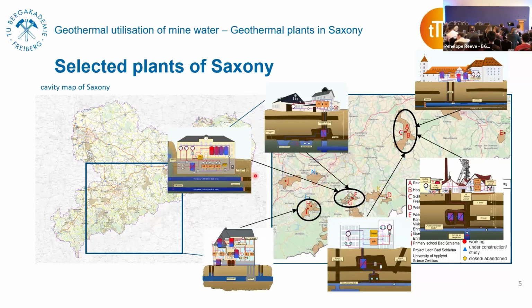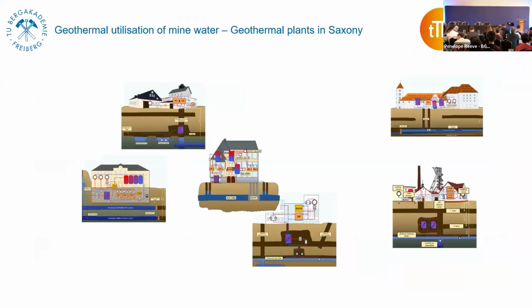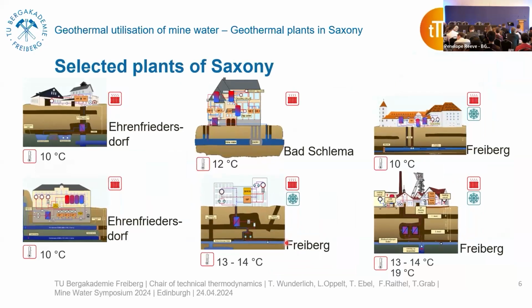And also in the area of Auerbach-Schlema, a former uranium mine, we've got a primary school for monitoring. We monitor these schemes for several years, and the systems are of different sizes.